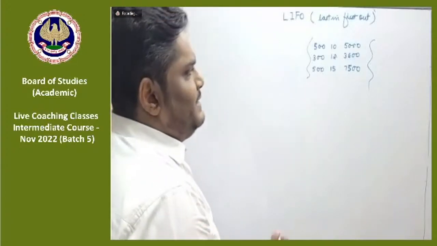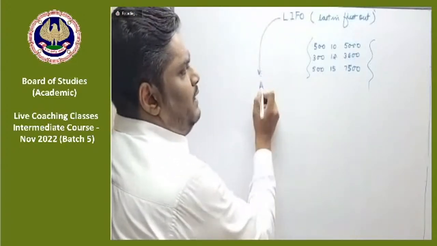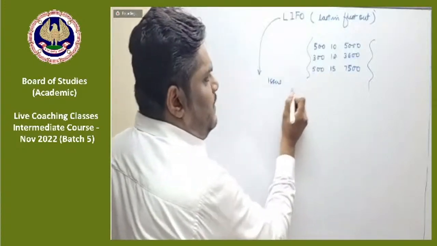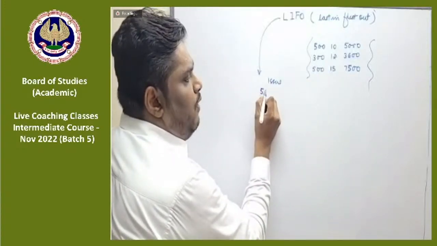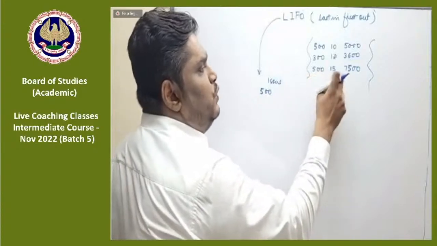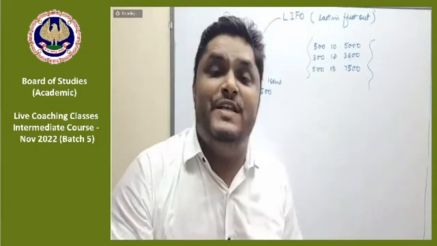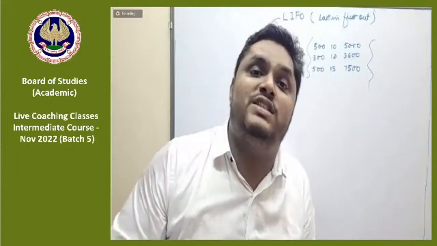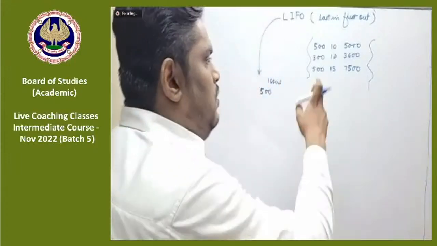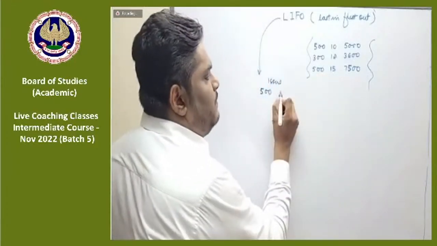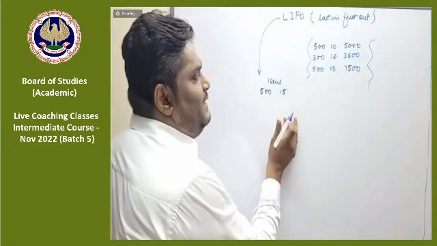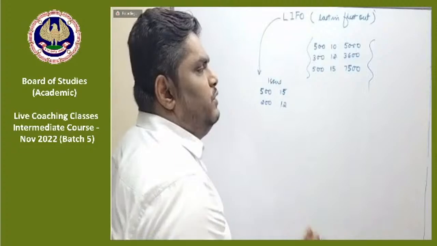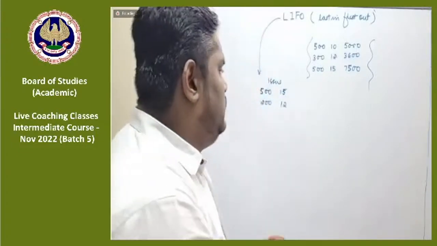So in that case, since it is the LIFO method, when talking about issue, the 700 kgs will be issued as 500 kgs from the rate 15. The name itself says last in, first out. The raw material which is purchased last will be issued first. So 500 will be from the units that were purchased at the rate 15, and 200 units will be issued which were purchased at the rate 12.